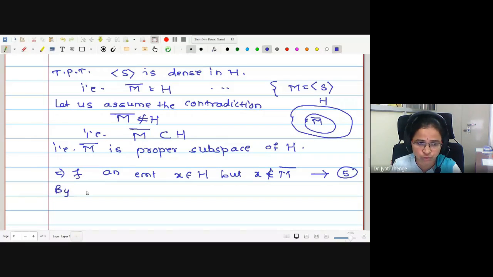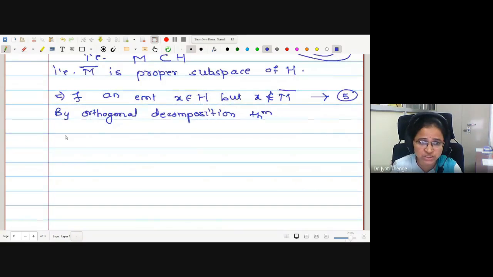Therefore, by the orthogonal decomposition theorem. Why can I use orthogonal decomposition? Because M bar is always closed, right? M bar is a closed, proper subspace of H.